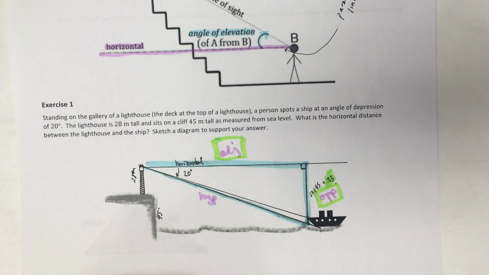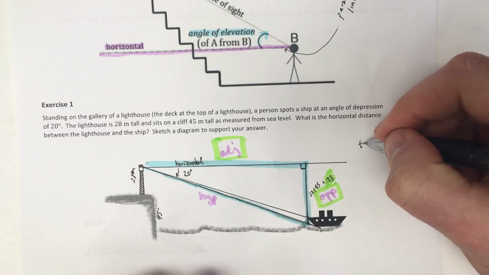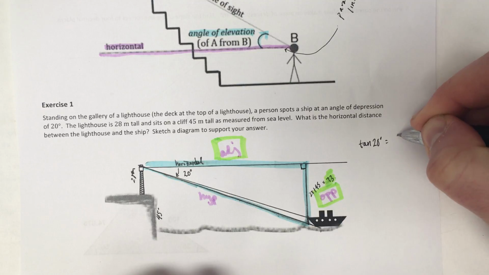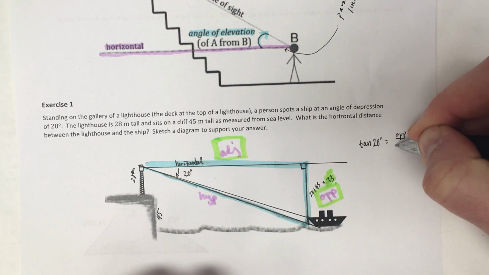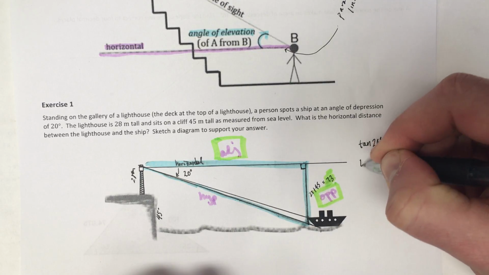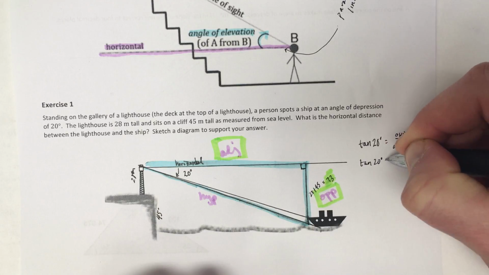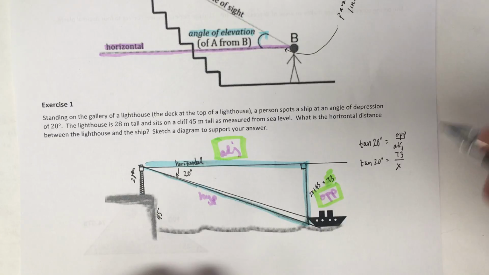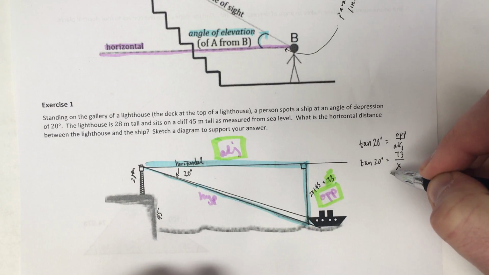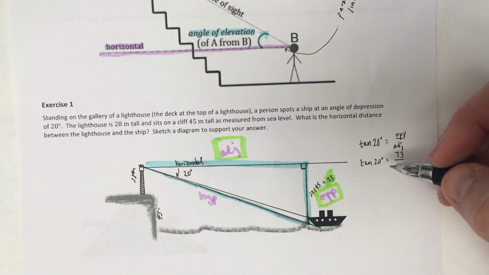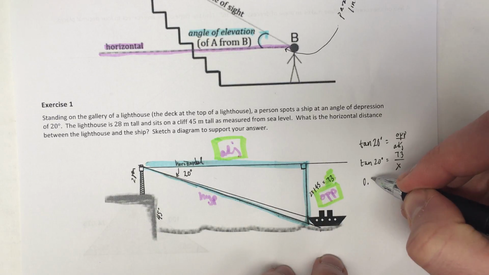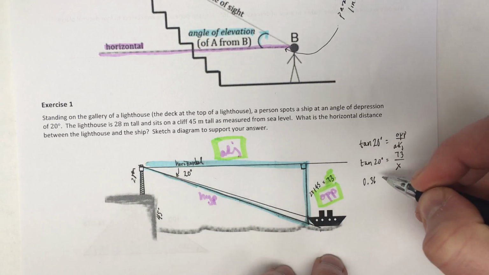If I know my SOHCAHTOA, I know that that's tan. So tan of 20 degrees is equal to the opposite. Always write these formulas out: opposite over adjacent, so tan 20 degrees equals opposite, which is 73, over the adjacent. The adjacent is what I'm looking for, my unknown. I can use my calculator to get the tan of 20 degrees, which is 0.3640.